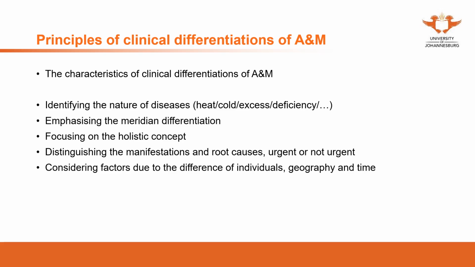The throat is included in the lung system, so any symptoms that happen along the meridian or the organs, we will refer to this organ or this meridian. This is the meridian differentiation.